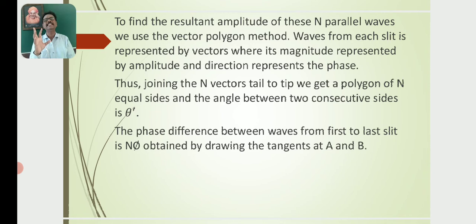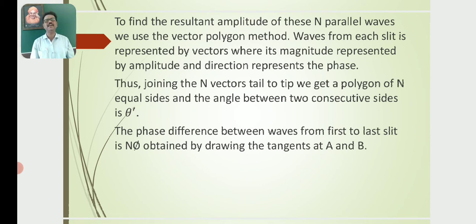This is the statement of the polygon law of addition of vectors. In the case of a grating, the resultant amplitude can be determined based on the vector polygon method.